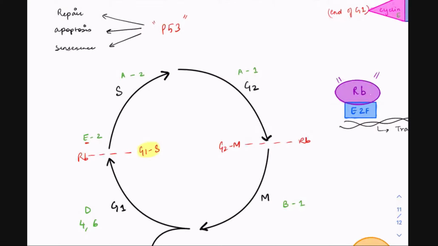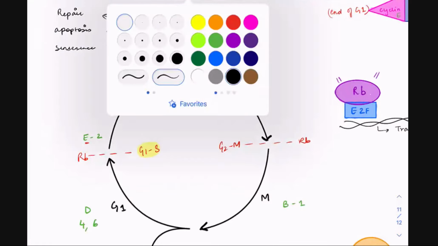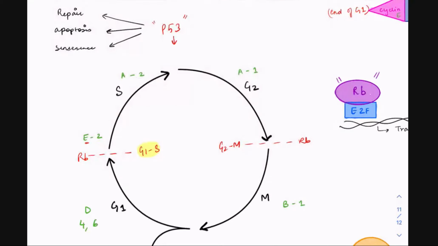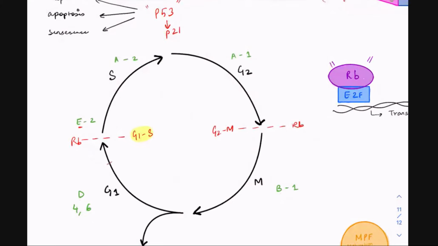How does P53 do that, right? So if it wants to repair the cell cycle, it's going to turn on another P protein called P21. P21 is present pretty much throughout the cell cycle, and it can block our cyclin CDK complexes in our G1, S, and G2 phase.